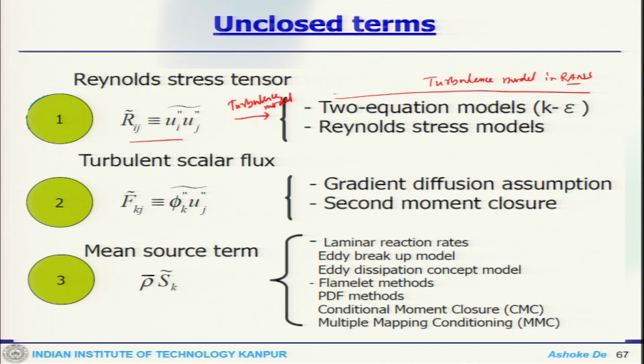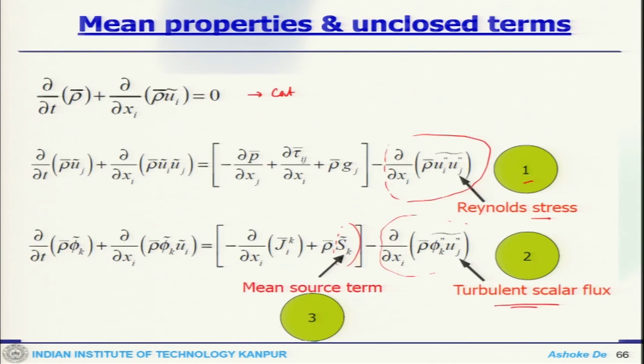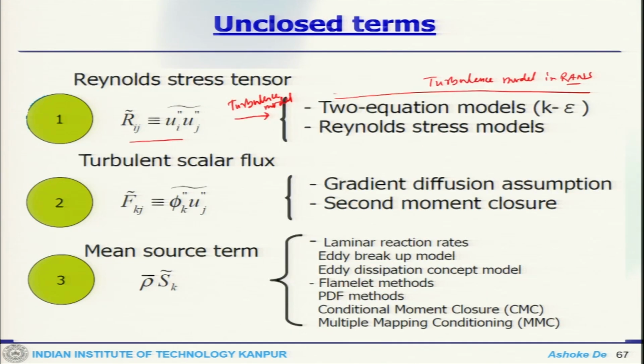This is why the discussion on turbulence was required, because now it is much easier to see when these unclosed terms appear in the governing equation, how we close them.